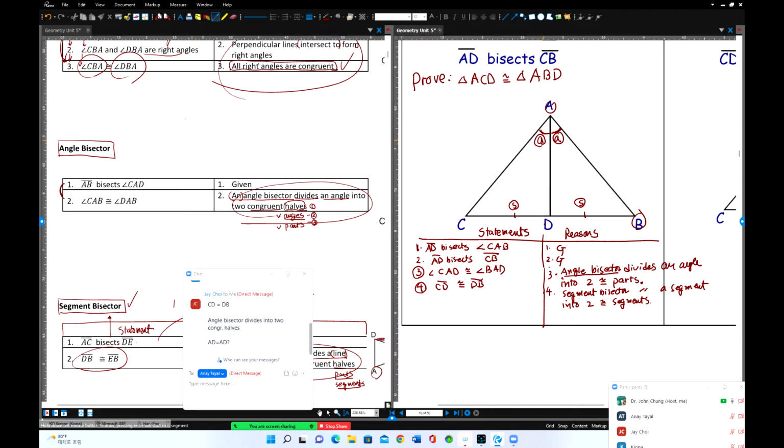I'm sorry, we got the one angle and side. We need one more. Where is it? AD, right? That's right? Yes or no?